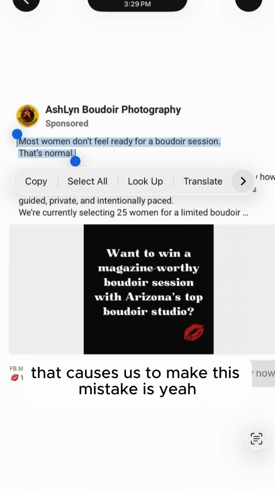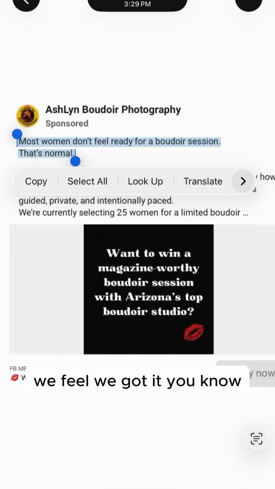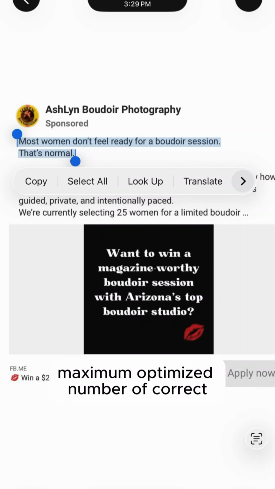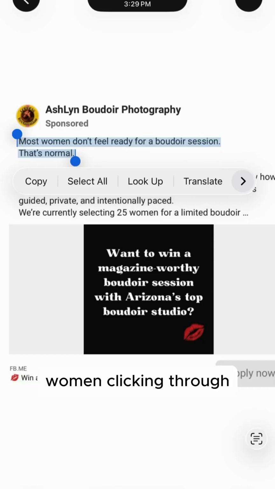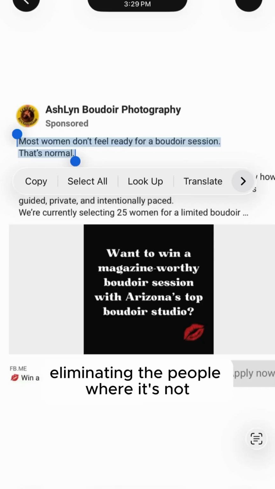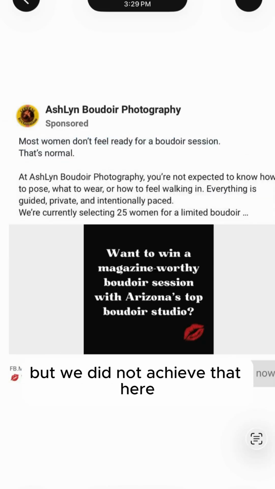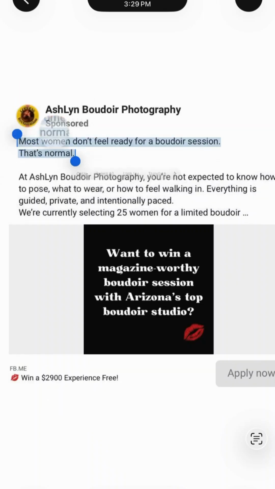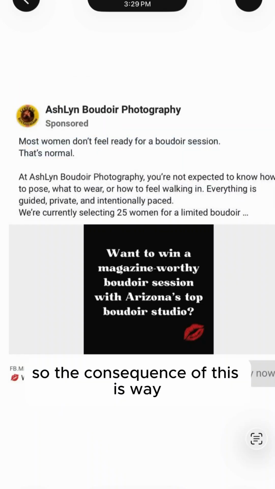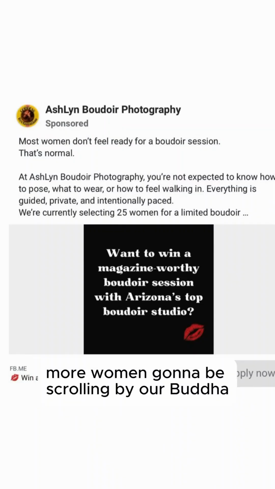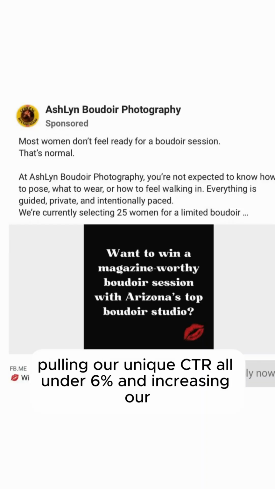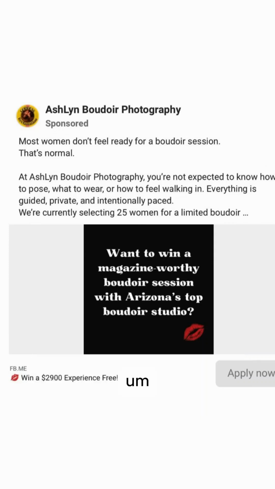The false belief that caused us to make this mistake is, yeah, we feel we've got enough context to have the maximum optimized number of correct women clicking through, eliminating the people where it doesn't make sense for them to click. But we did not achieve that here. We're missing a lot of context. So the consequence of this is way more women are gonna be scrolling by our Boudoir Facebook ad than normal, pulling our unique CTRL under 6% and increasing our probability of having BLCS, Boudoir low click syndrome.